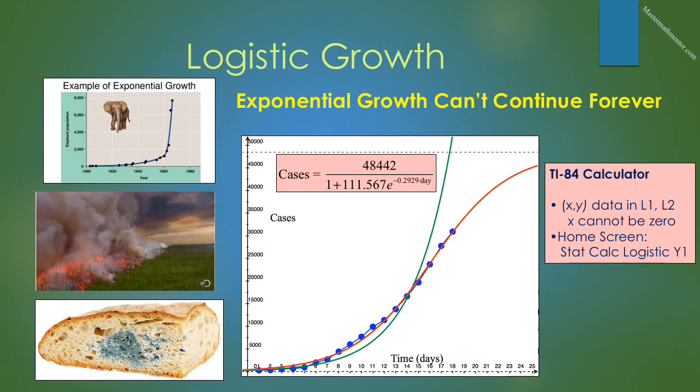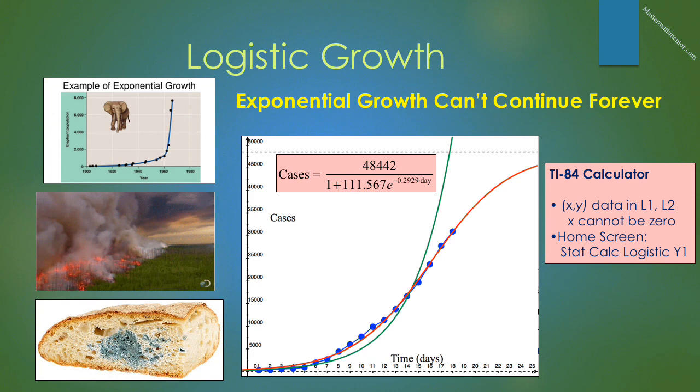In this case, we ended up with a formula that says cases equals 48,442 over 1 plus 111.567 e to the negative 0.2929 times day. That was based upon the first 18 days of data.